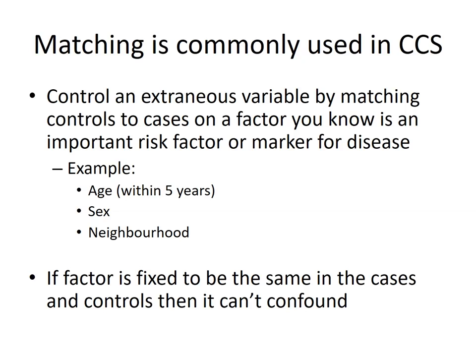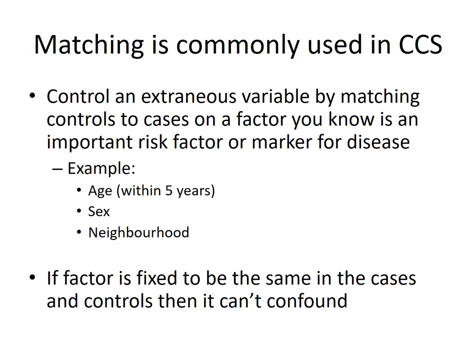So for example, I put 4 or 5 groups of age, depending on the nature of the study. Let's say we choose to have 30 cases. Their age group is between 20 and 30. We choose 30 controls, their age group between 20 and 30, and so on and so forth.